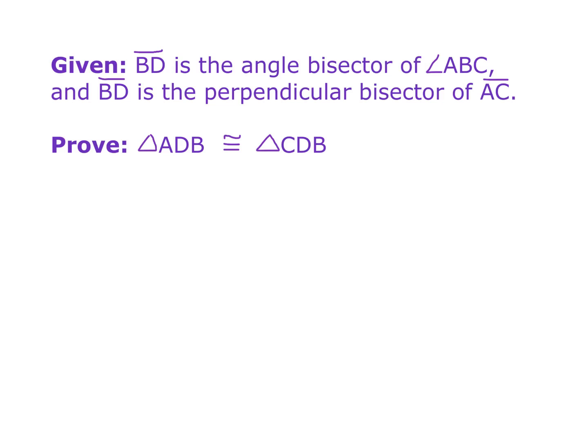It says line segment BD is the angle bisector of angle ABC, and line segment BD is the perpendicular bisector of line segment AC. Like I was explaining, a lot of these questions are rich in different vocabulary words. You really need to know what these words mean.